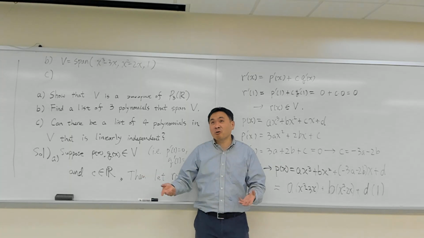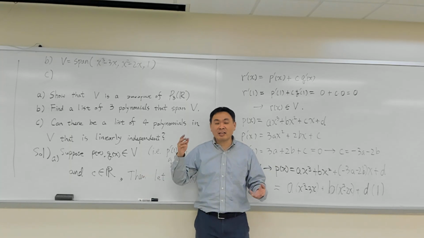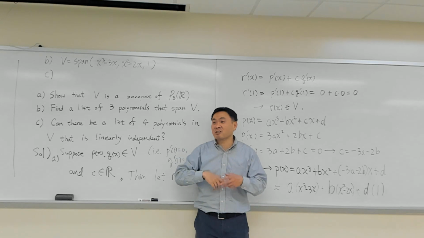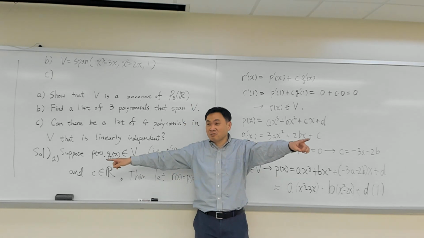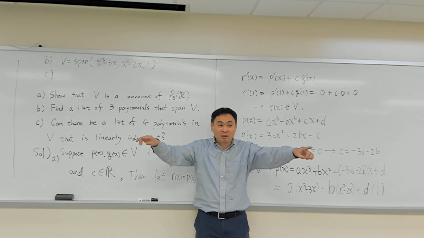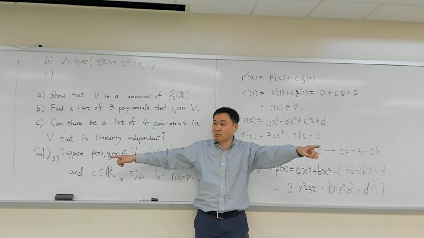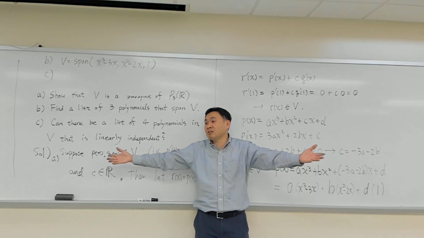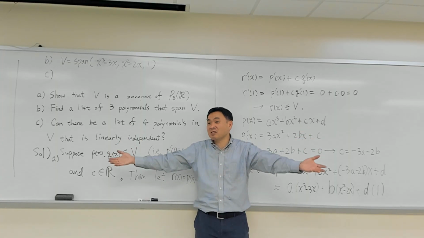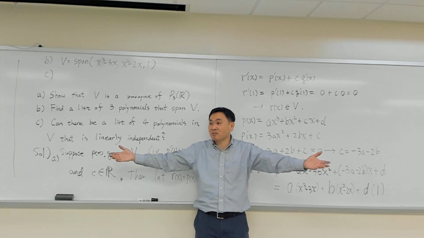If you have 3 or more that are linearly independent, that means no one vector is a linear combination of another. But if you have a plane and you have 2 distinct directions, then any other vector can be represented as a linear combination of these 2 vectors, right? So in dimension 2, you can't have 3 linearly independent vectors.